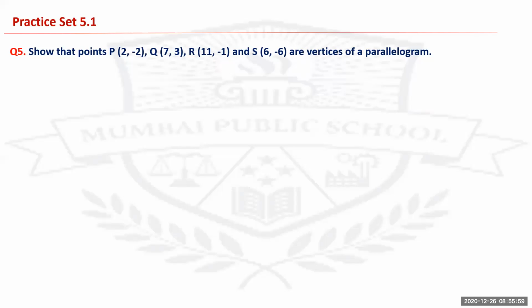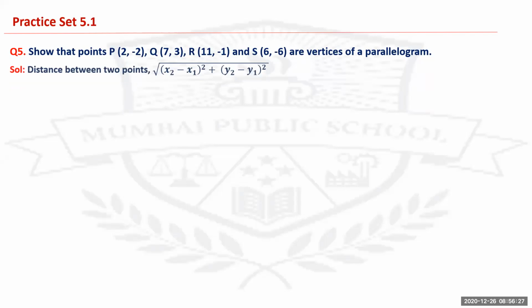Show that, I'll repeat the question, show that points P 2 comma minus 2, Q 7 comma 3, R 11 comma minus 1 and S 6 comma minus 6 are the vertices of a parallelogram. Now when you're talking regarding the vertices of a parallelogram, you have to understand the properties of parallelogram.